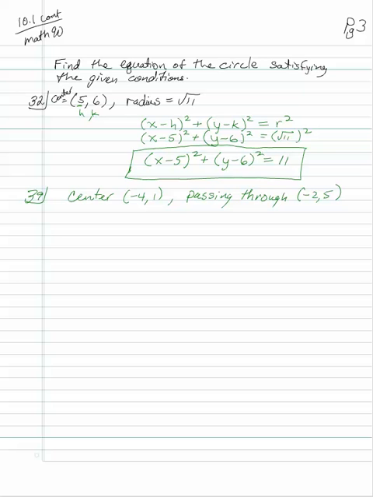So we know it's going to be x minus h, which is negative 4, so minus and minus becomes plus 4, squared. Plus y minus k, which is 1, squared, equals r squared.